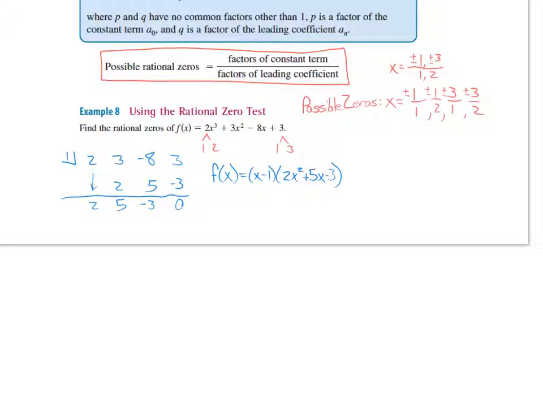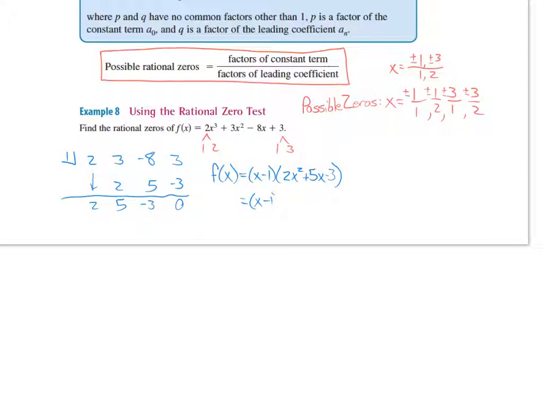Once you get down to a quadratic, unless you really, really like this, which no one does, this is really kind of a pain. This process is not designed to be fun, but it works, and we can find our solutions. Once you get down to a quadratic, remember what you're trying to do.